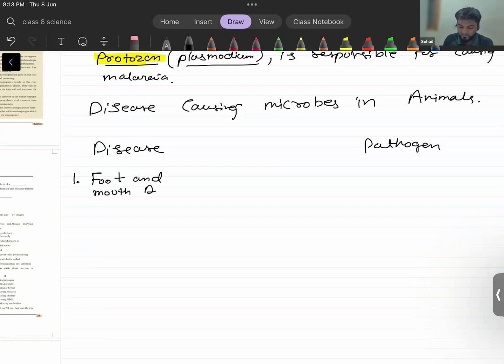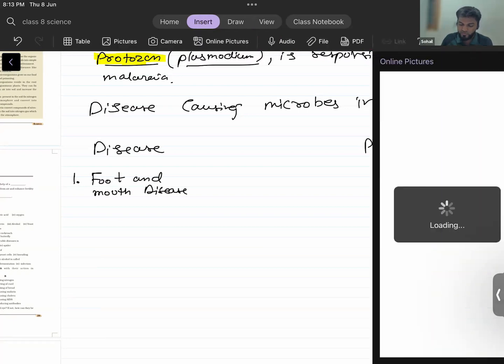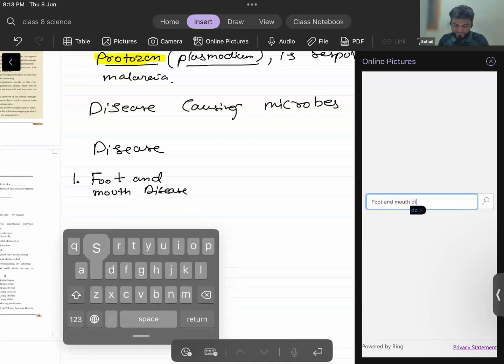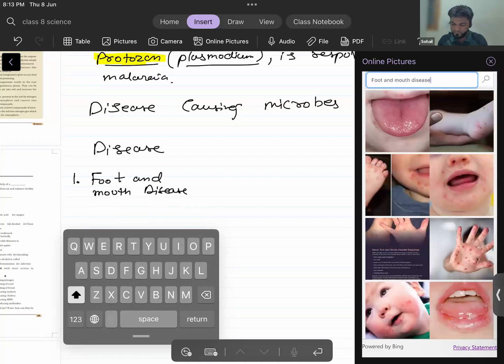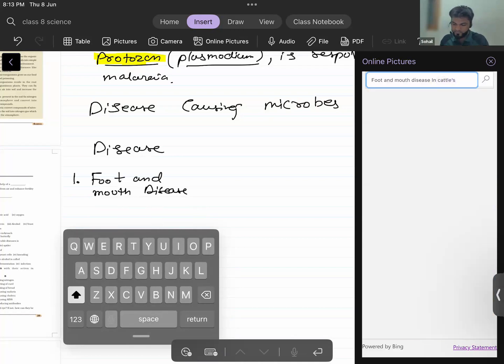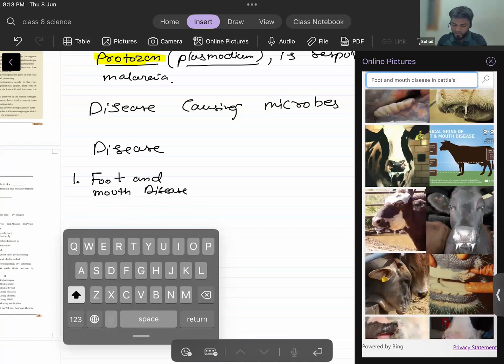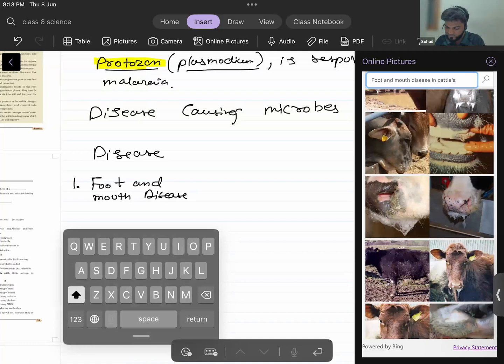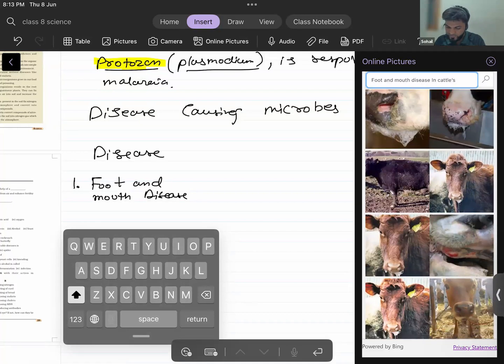I don't have a diagram here, otherwise I would have shown you. Give me a minute. Foot and mouth disease in cattle. See how their mouth and feet become. See the first figure here.